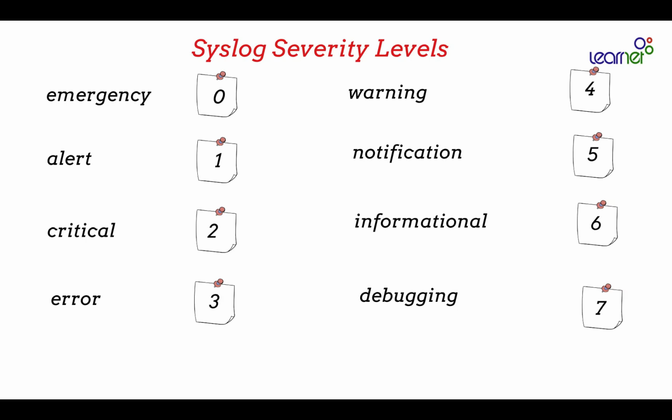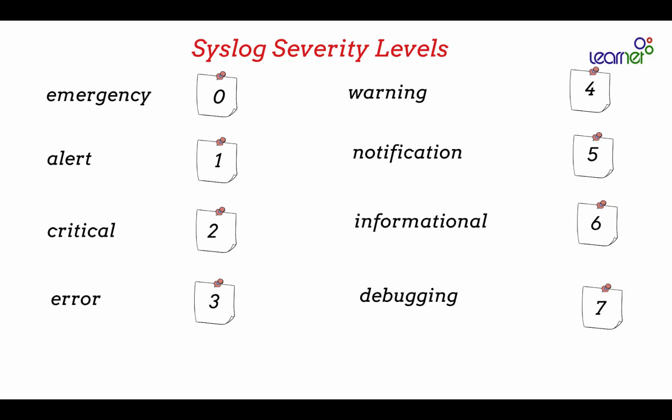Notification and informational are categorized as normal severity and will not impact the device function as such. And the debugging level is used when you run debug commands and want to check what is happening with a specific part of the system, normally for troubleshooting.